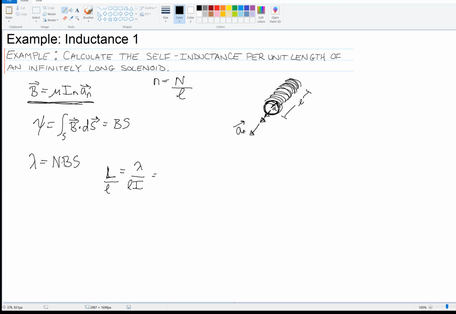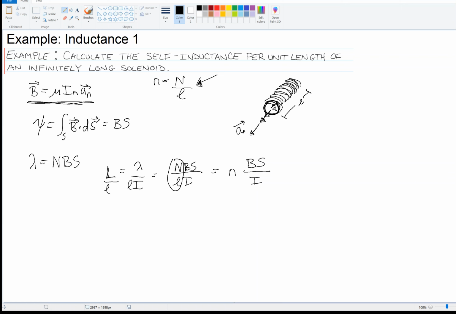And so I'll just put N times B times S in for the flux linkage, like this. And I'll notice that here's that ratio again, capital N over L, that's this thing here, that's the turn density, right? So this is N times B times S over I, and we know that the magnitude of B is mu times I times N, right?